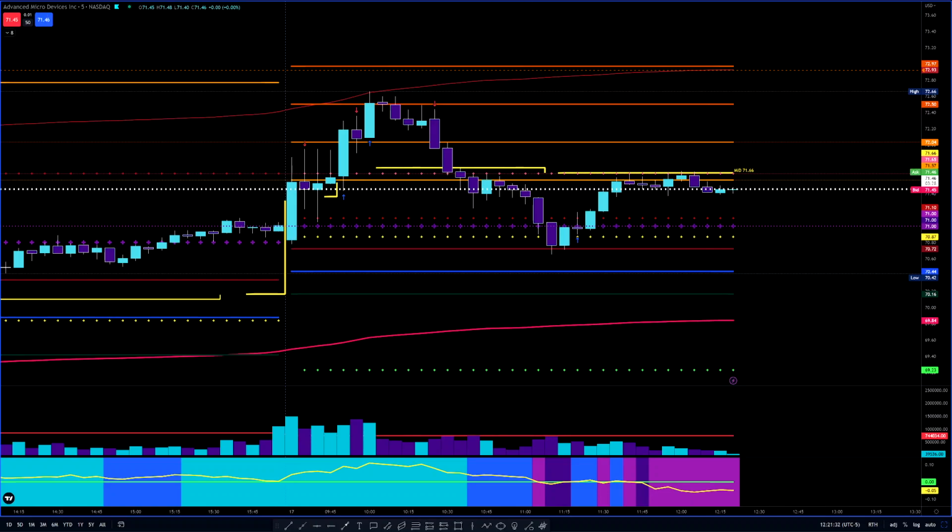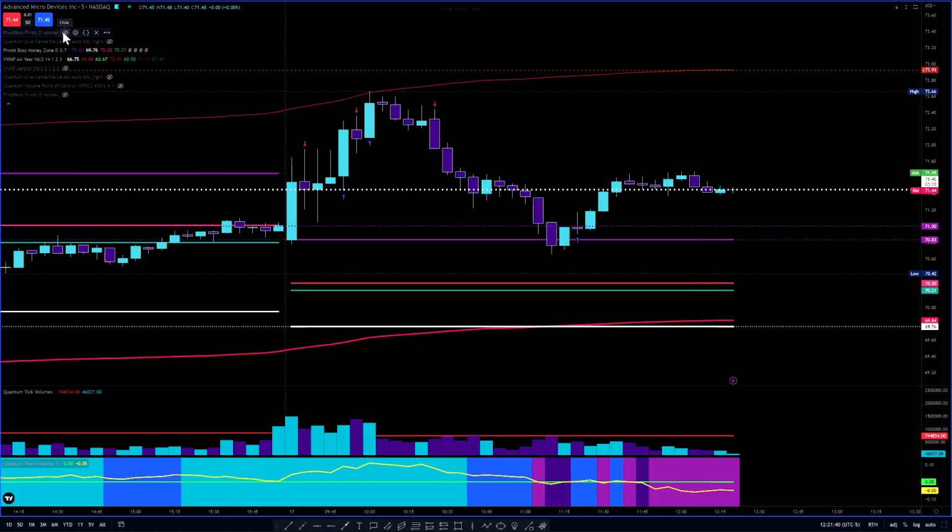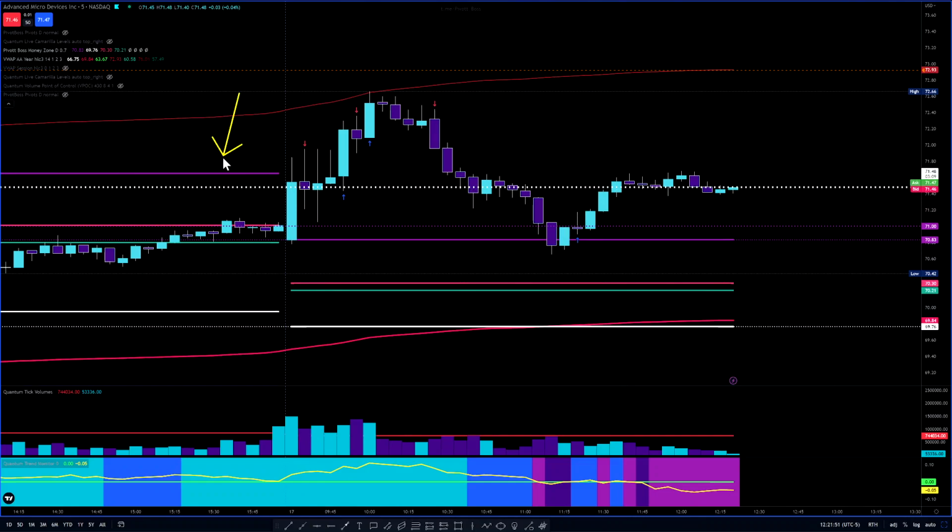Let me look at the money zone. Alright, so the money zone relationship is an overlapping lower value relationship. Yesterday's value area high was here. Now it moved down to today.